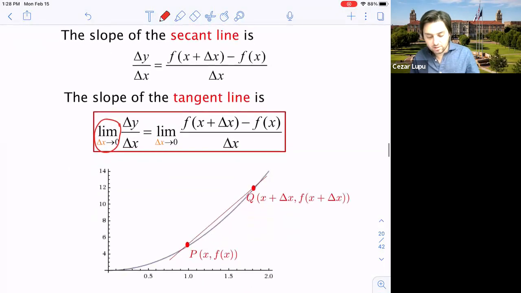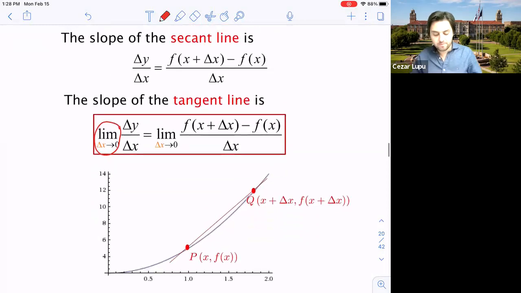And let me just look at this picture. You see the secant line here between P and Q, right? So I have P of coordinates x, f of x, and Q will be of coordinates x plus delta x and f of x plus delta x.